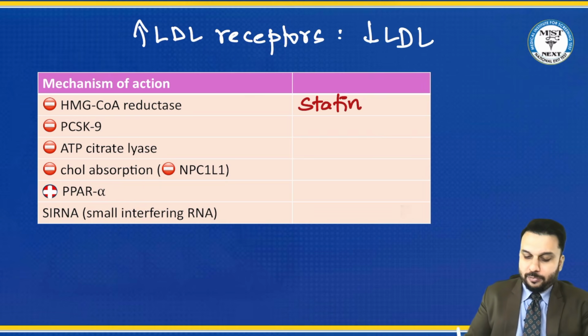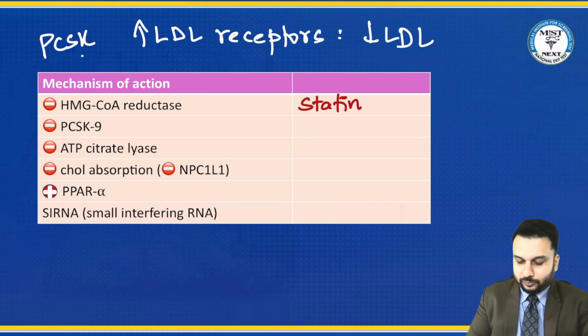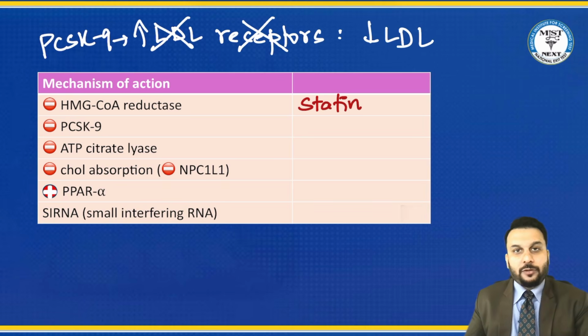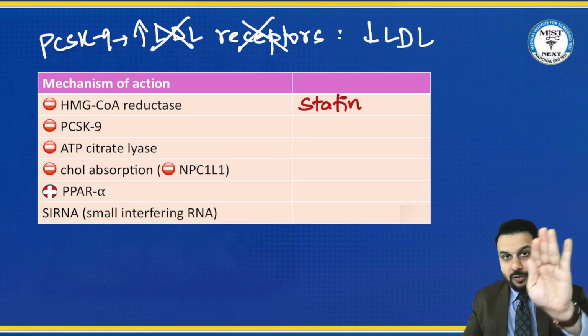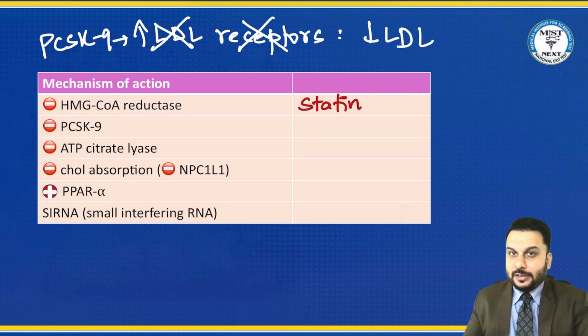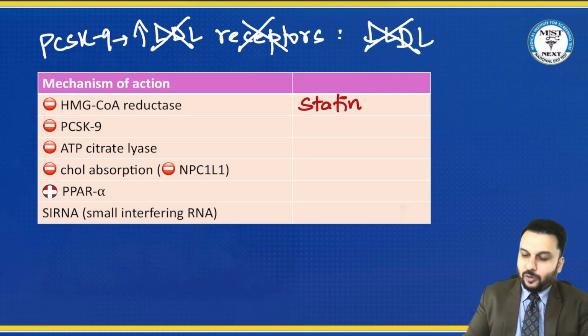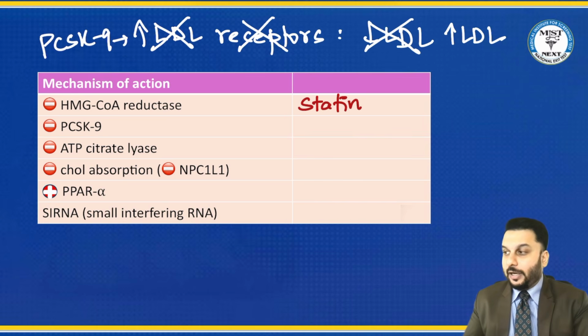What happens is PCSK9 will go and damage the receptors. It will destroy them. If the receptors are damaged by PCSK9, obviously we cannot use as much LDL. So the level of LDL will increase.